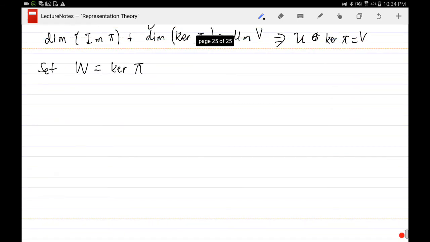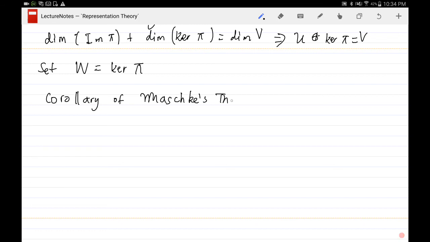Now, what is a corollary? A corollary is very important. So the corollary of Maschke's theorem. This is what gives us hope to continue our study.